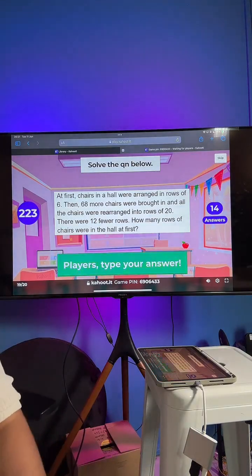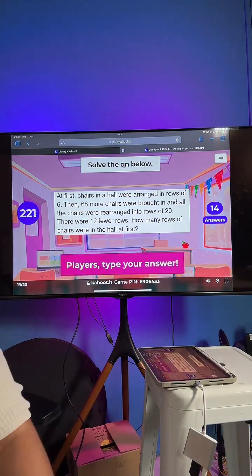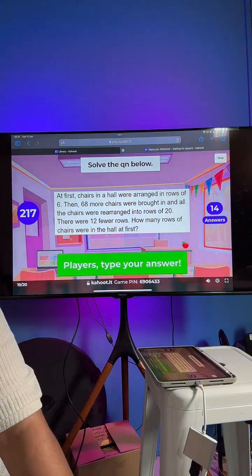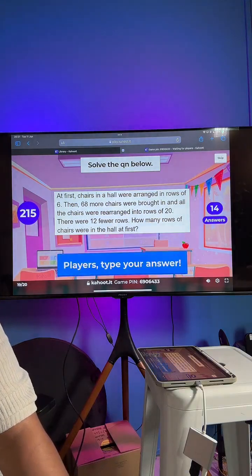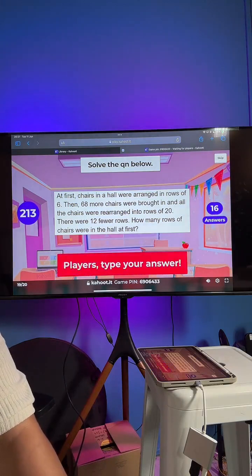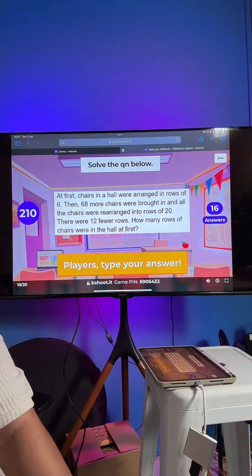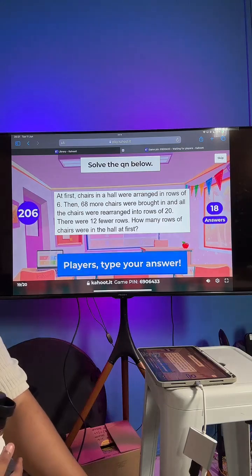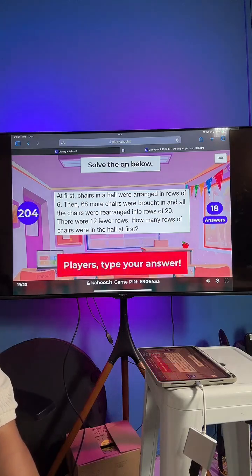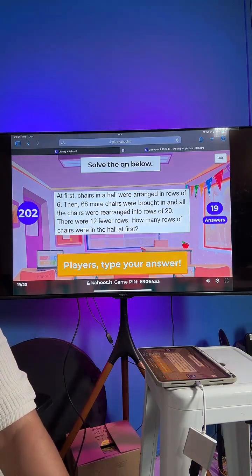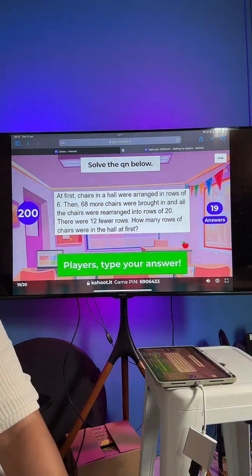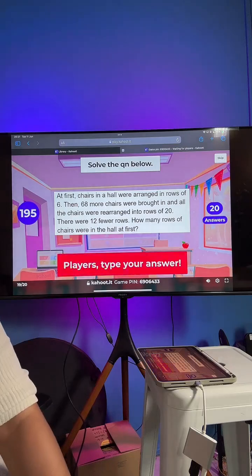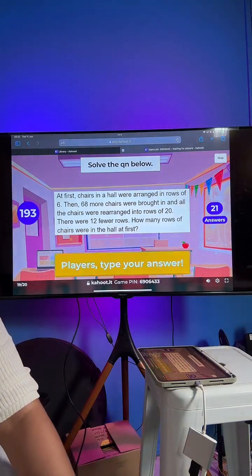Okay, this one is tough. Take your time to understand the question. So basically, this question is testing you on rearrangement, or rather on the topic of redistribution.